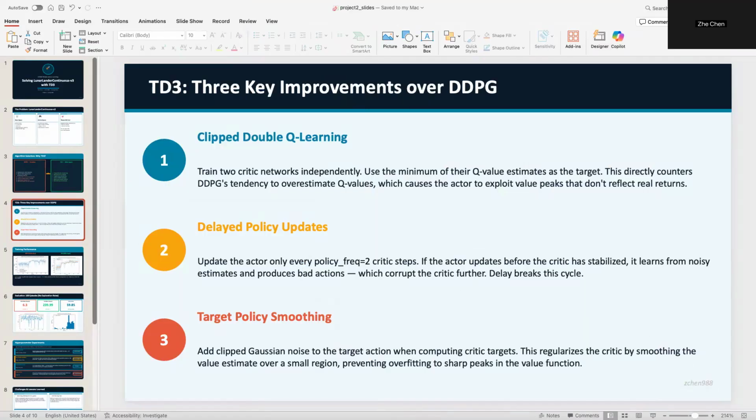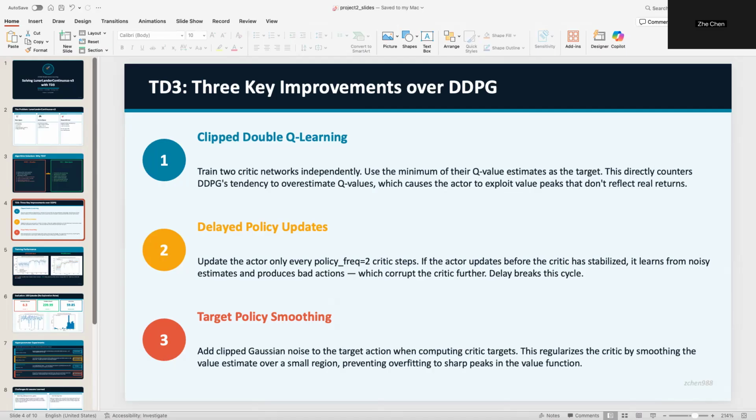Next, I'm going to talk about why TD3 is an improvement. TD3 improves on DDPG with 3 ideas. First is clipped double Q learning. Instead of using one critic network, TD3 trains 2 critics and uses the minimum of their predictions.